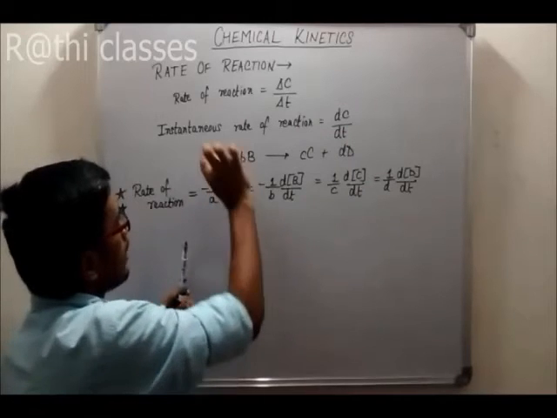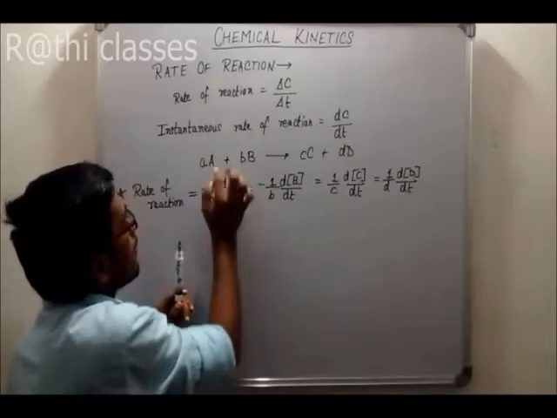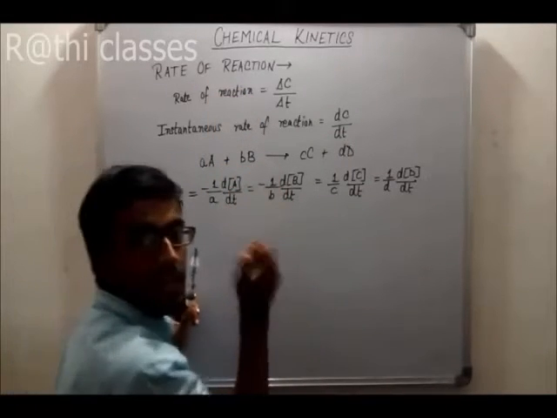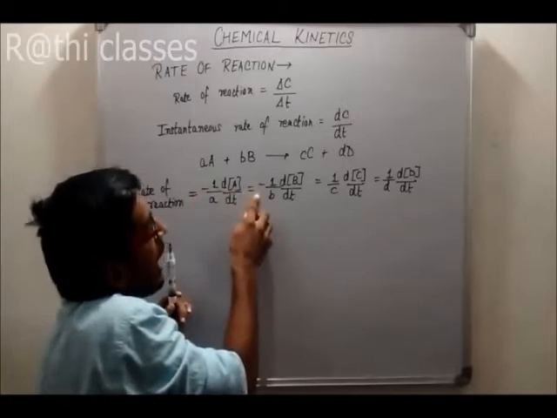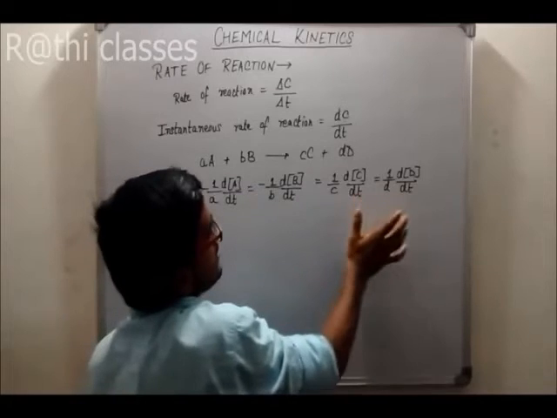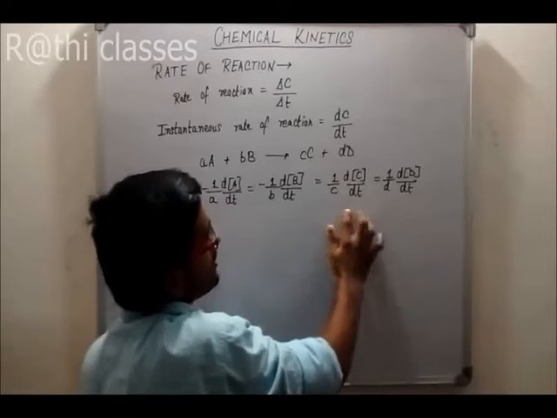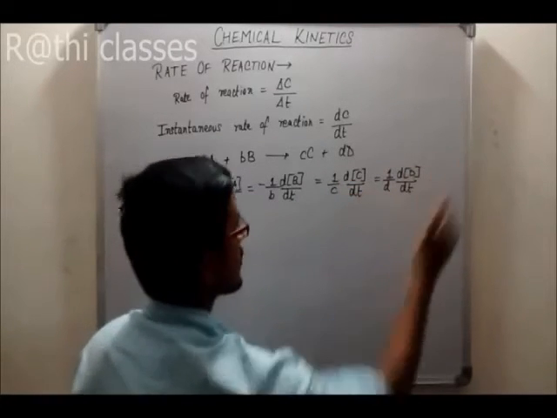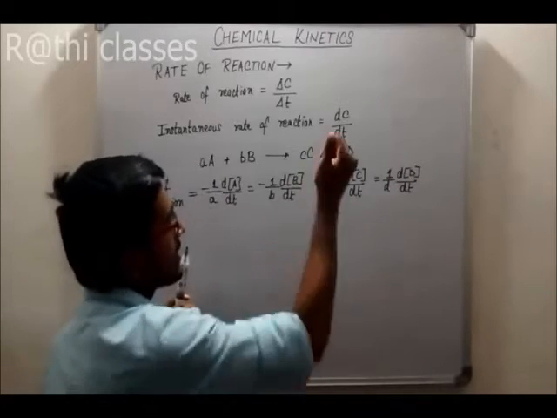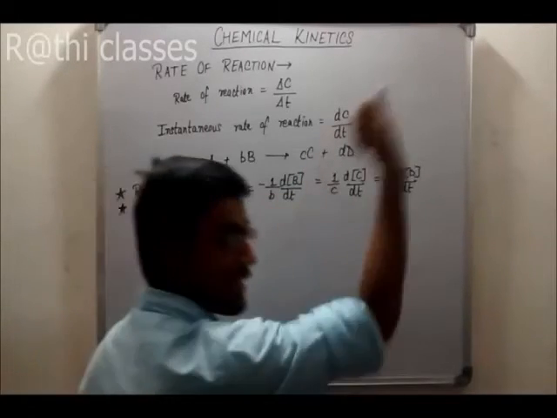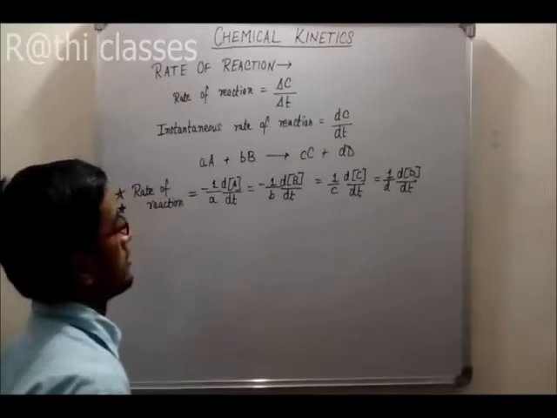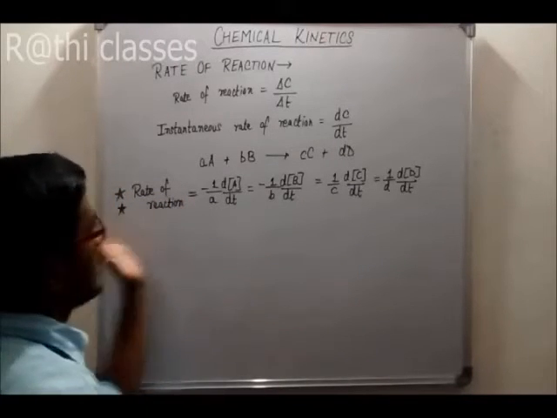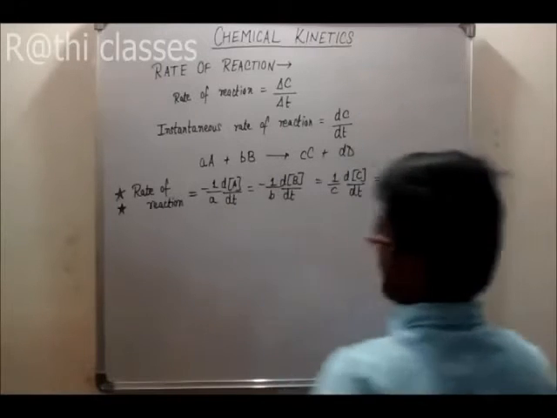So the change in concentration by time for A and for B will be a negative quantity. To make it a positive quantity, we multiply with the minus sign here, and we don't multiply with the minus sign for C and D, because it is itself a positive quantity, as the concentration of C and D will increase and the concentration of A and B will decrease as time passes. So the rate of reaction is defined in this way.